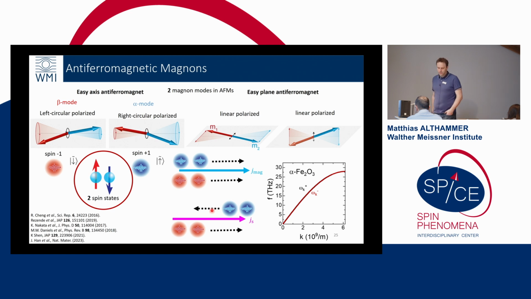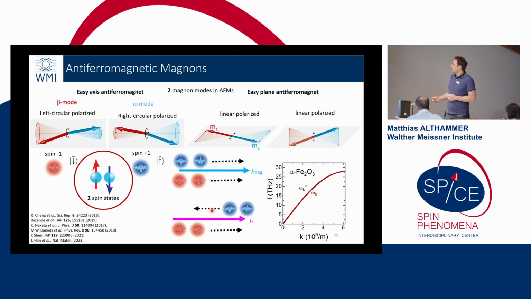Or you can also go in the direction of having a pure spin current, where these magnons move in opposite directions. Of course, this already triggers the question: can you find phenomena in this magnetic transport with magnons that are similar to what you would get from an electronic spin transport structure?